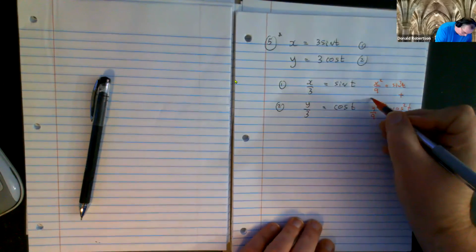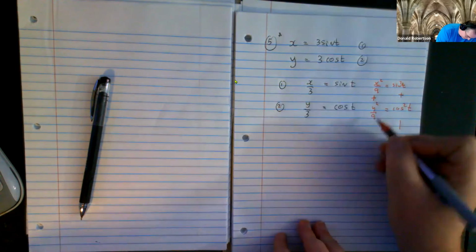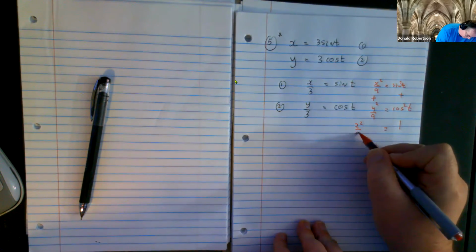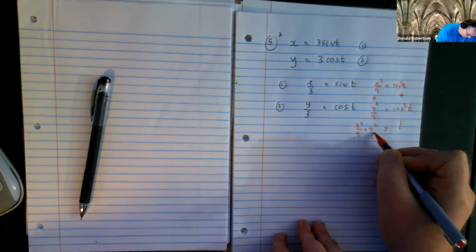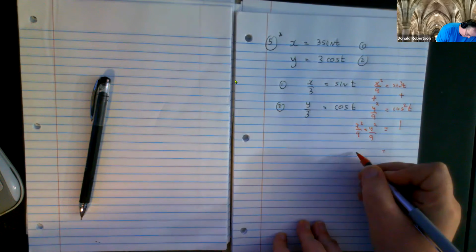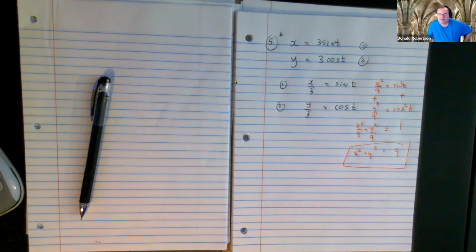One. As long as you do it to both sides, it's okay. So I can add these together. And I'm now going to multiply both sides by 9. There's our answer.